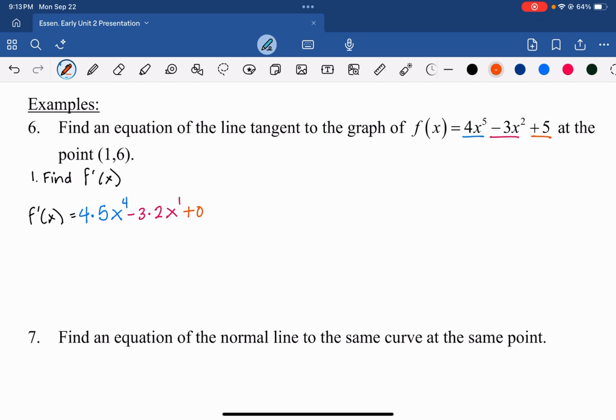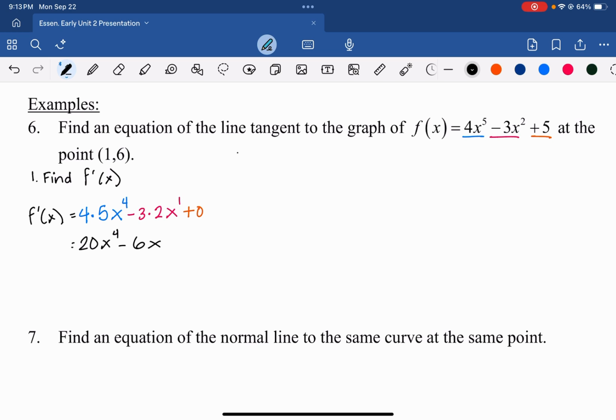Simplifying, our derivative is 20x to the 4th minus 6x.